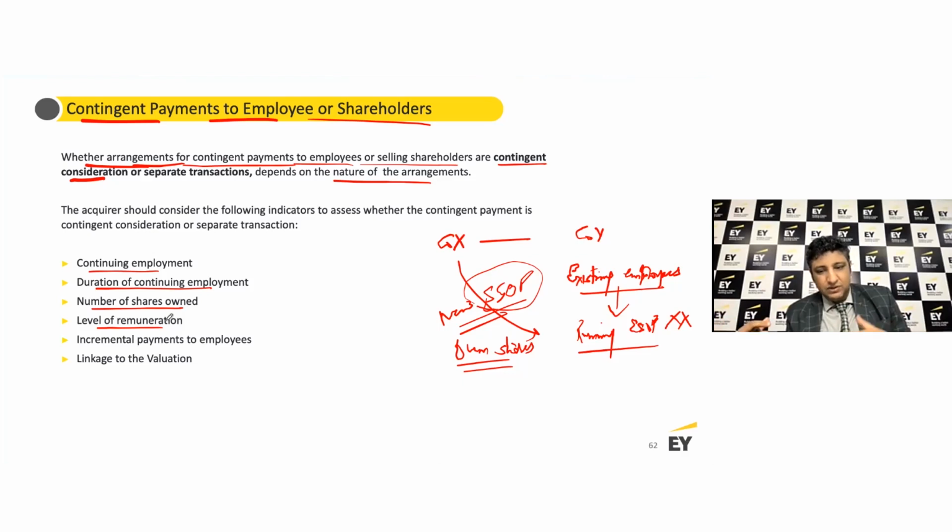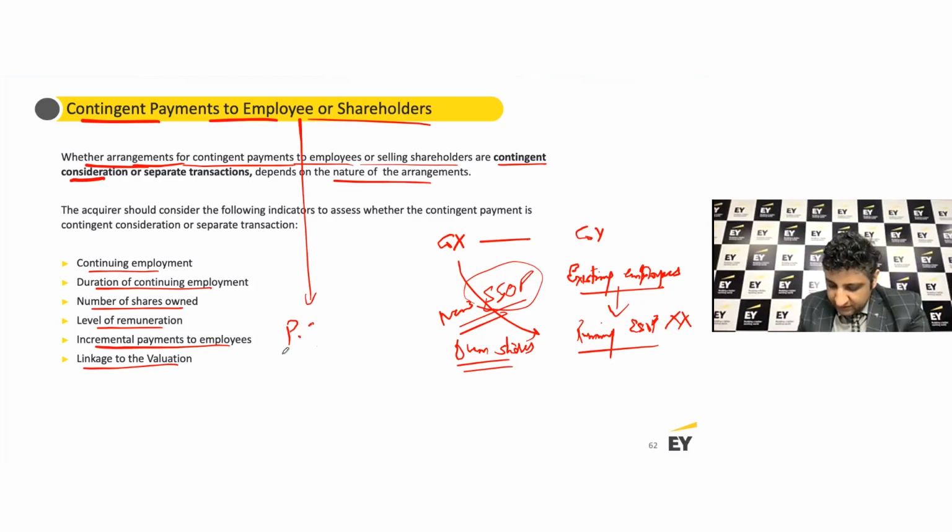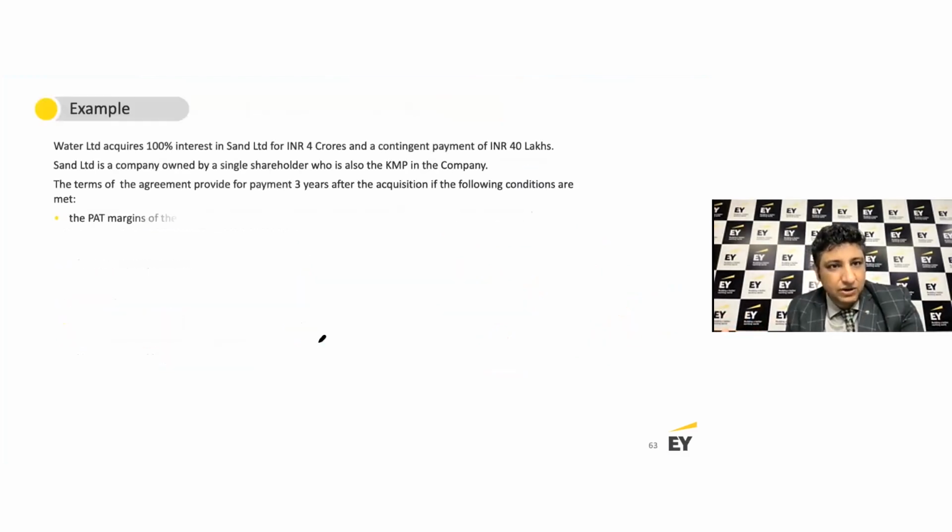Or are you willing to pay them for their services that they have already rendered, right? They're all relevant factors. Incremental payments and the valuation linkage, they all need to be considered when you are bringing these aspects. The simple question is that when you look at any such contingency payments, how much would that contribute towards the purchase consideration, right? That is the underlying thought process here.